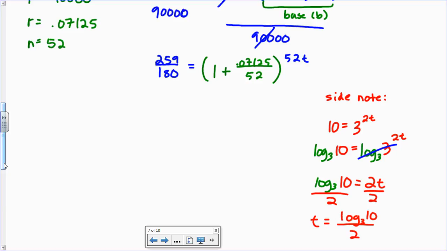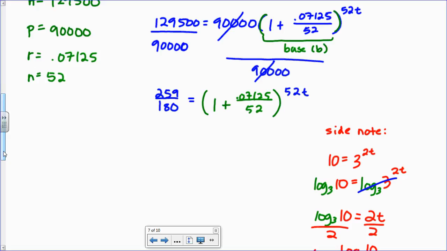Okay, so same general idea. This base is just a lot uglier than just 3, but we're going to do the same thing. If I want to bring this 52 down, I have to take the log base b of both sides. So this is the base I have to use. Like I said, it's just not very pretty. If you want to write just a b here instead of this, that's fine.